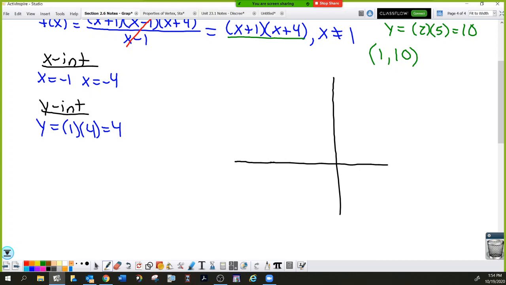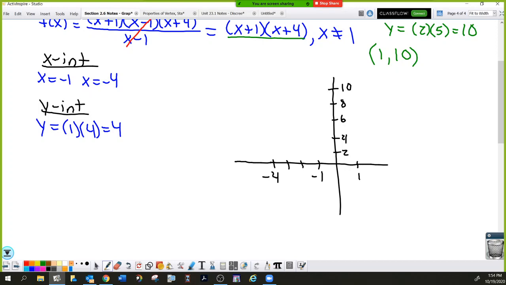All right, so we know we have a point at 10. So how about this? 2, 4, 6, 8, 10. Let's count by 2s on the y-axis. On the x-axis, let's go by 1s. There's -4, there's -1, and I got +1 there as well.